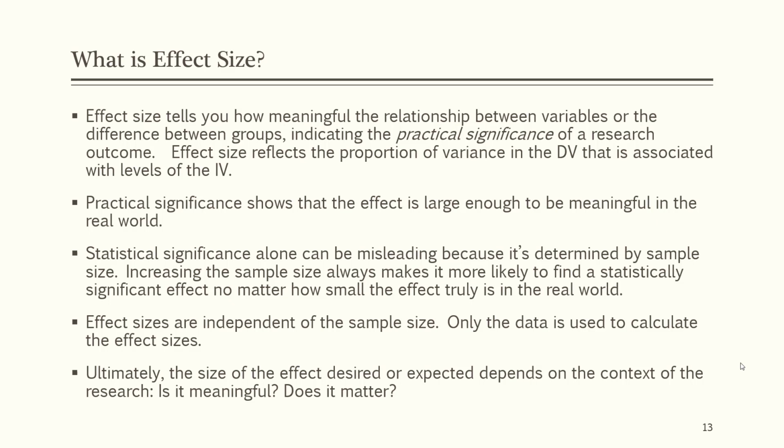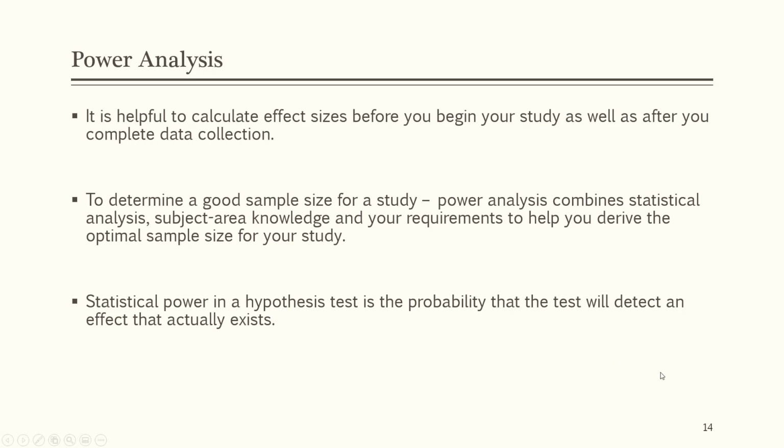Or is it just 1 or 2 points? Therefore, we need to go with the most cost-effective delivery as opposed to one that is statistically significant, but the effect size is so small. And to do that, you're going to conduct a power analysis. And like I explained, I will provide you with a tutorial on how to do that using SPSS.